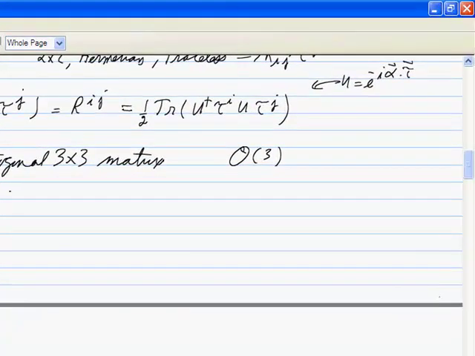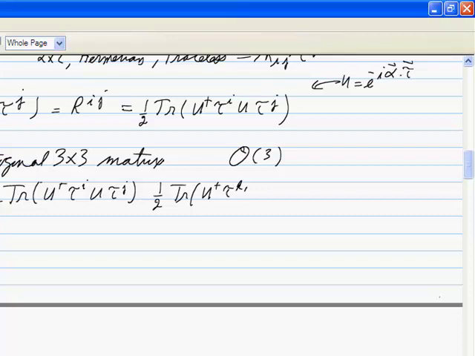Okay, so let's look at what we have here. This is 1/2 trace U dagger tau_I U tau_J, and 1/2 trace U dagger tau_K U tau_J.